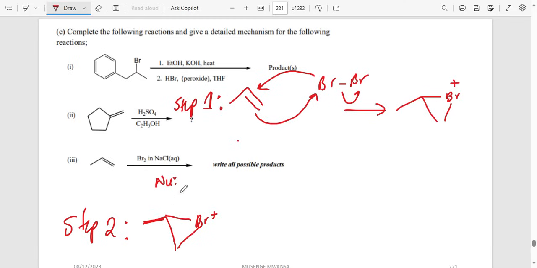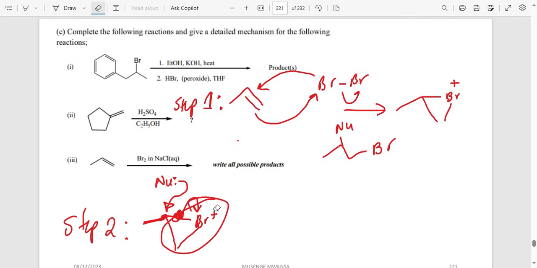The nucleophile always comes and attacks the carbon that is more substituted, right? That's what we said. And then this bond will break off. So the product that you are going to have is going to look like this. You are going to have your Br here, and then the nucleophile will come and attach here. What have we done? We have just broken this bond, and then this is the attachment of the Br.